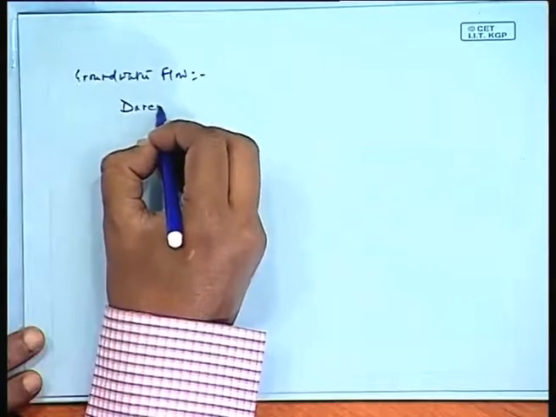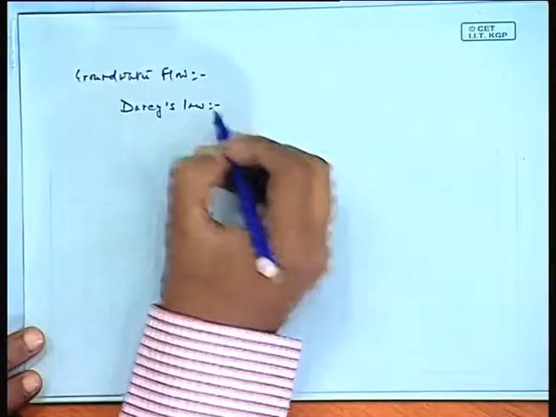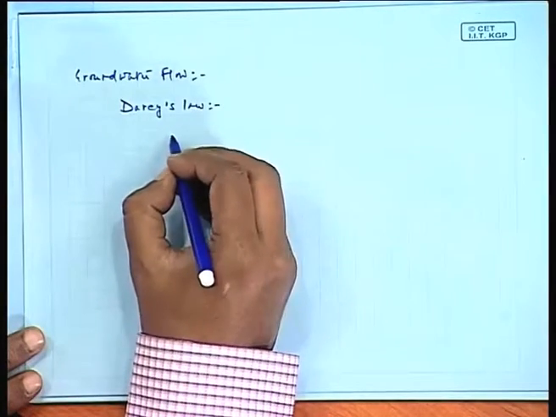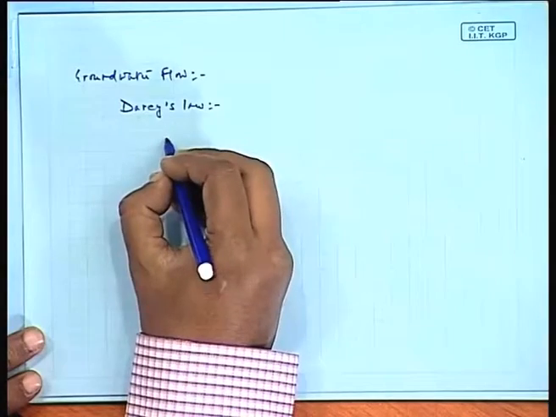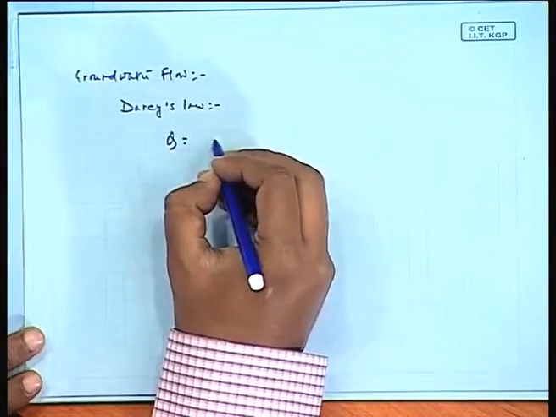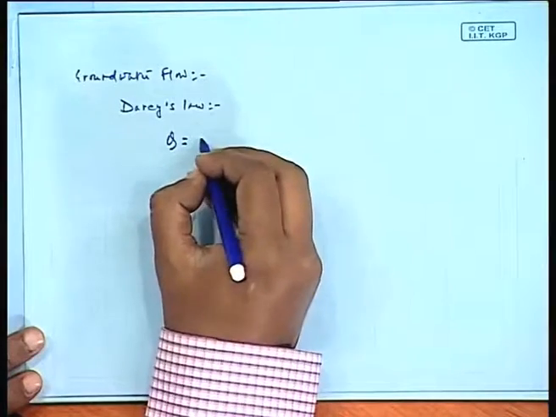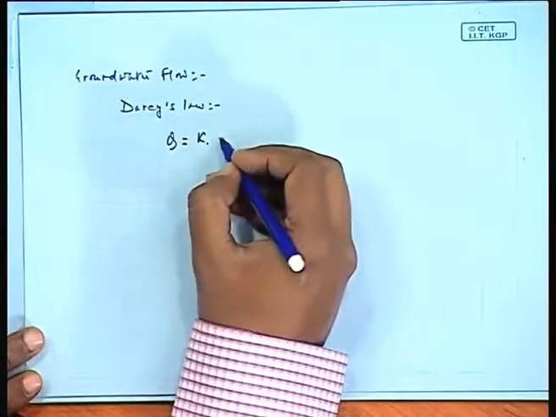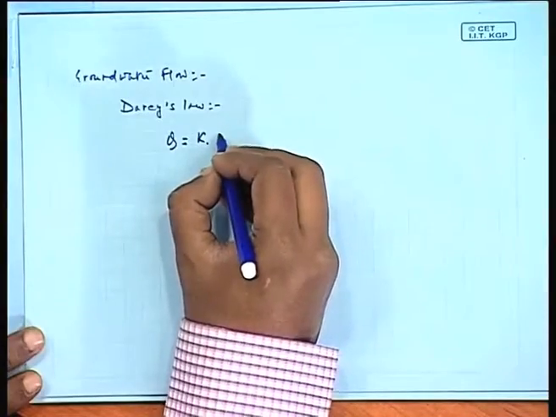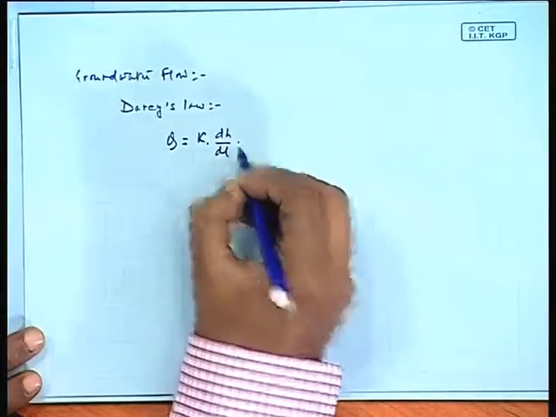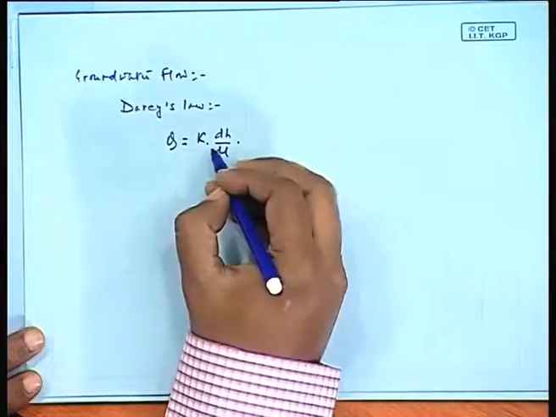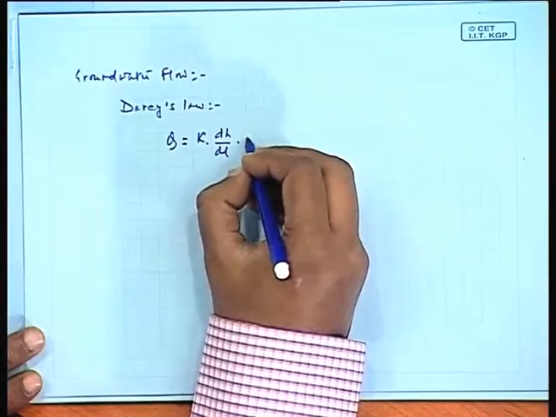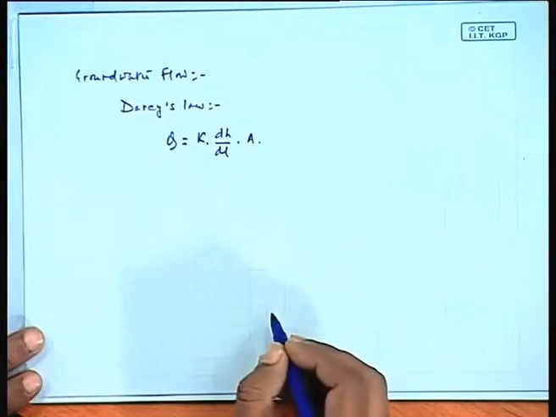Darcy's law says, very simply, Q, the quantity in meter cube per hour or meter cube per minute, is equal to K, the hydraulic conductivity, multiplied by dH by dL, the hydraulic gradient, multiplied by A, the area of cross section.